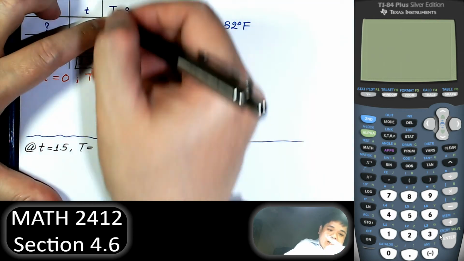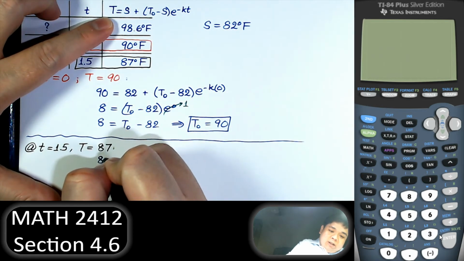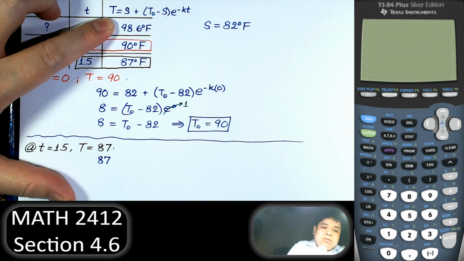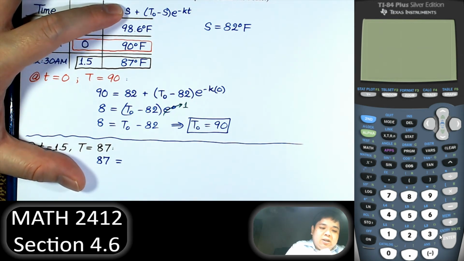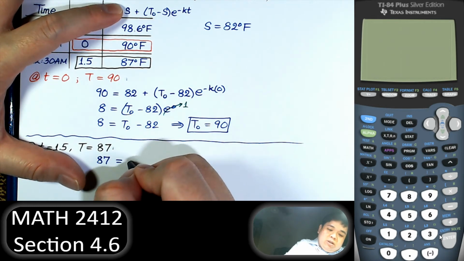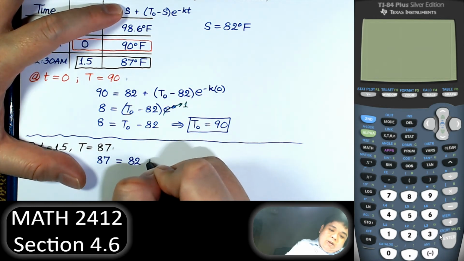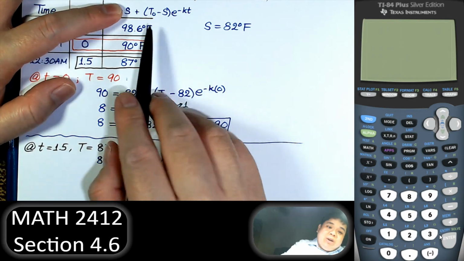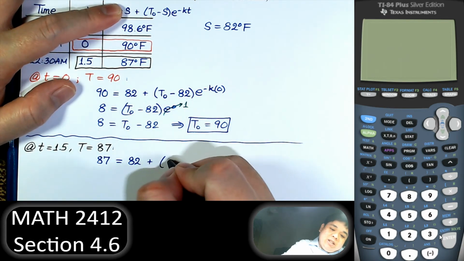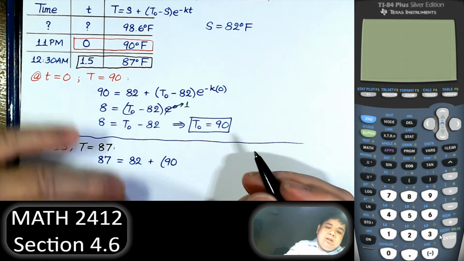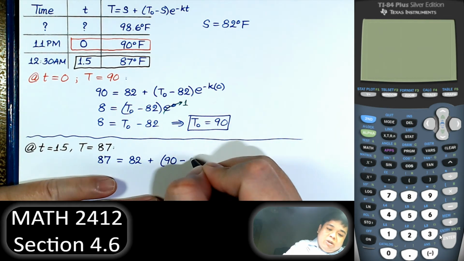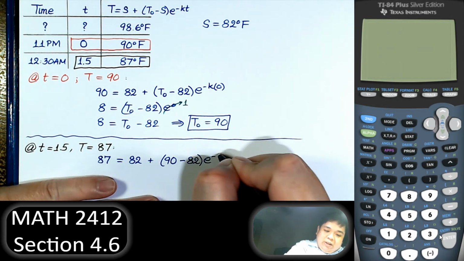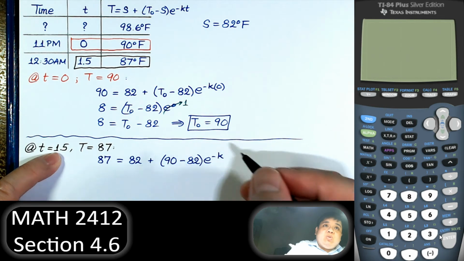I put 87 in for T, and S, the surrounding temperature, is 82, plus T naught, which we now know the initial temperature is 90 degrees, minus the surrounding 82, times e to negative K. Now we know T is 1.5.